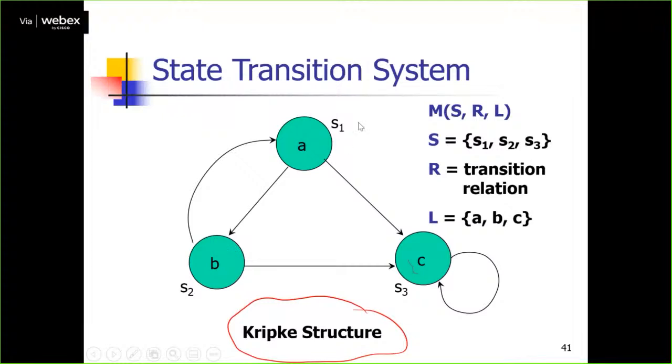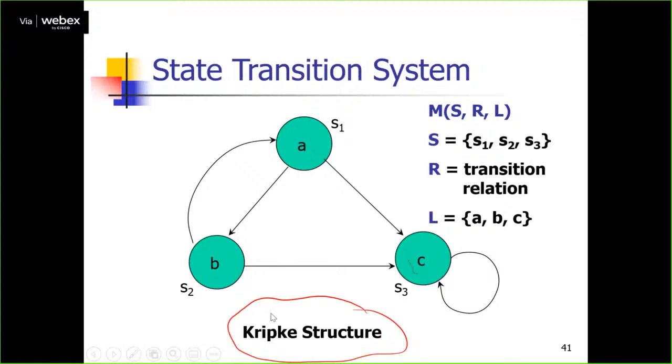Here I have three states, S1, S2, S3. There are transitions from S1 to S3, S1 to S2, S2 to S1, S2 to S3, and S3 to S3 itself. These are called transition relations. Each transition relation to a state is valid with respect to the logic defined at each state, that is A, B, and C.